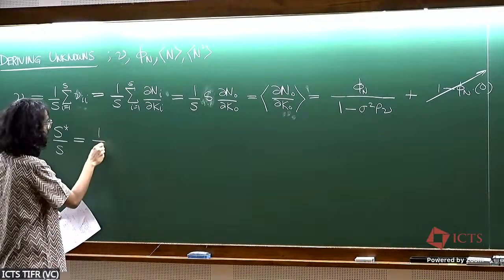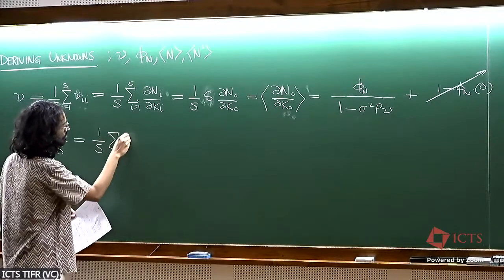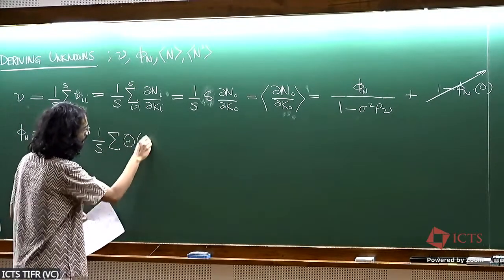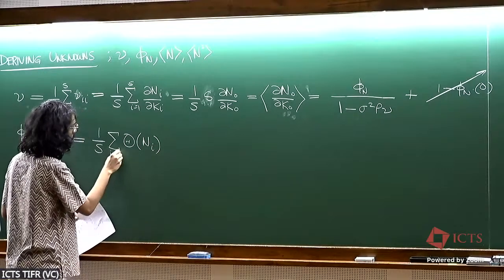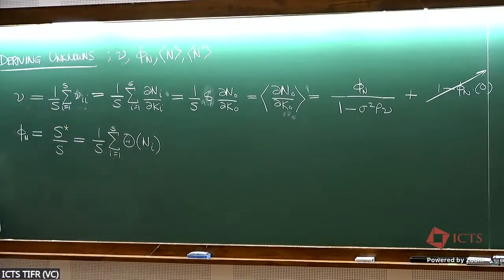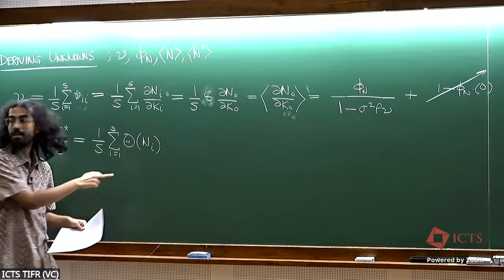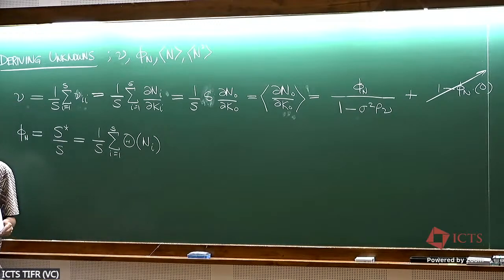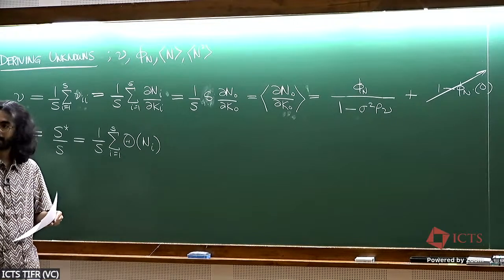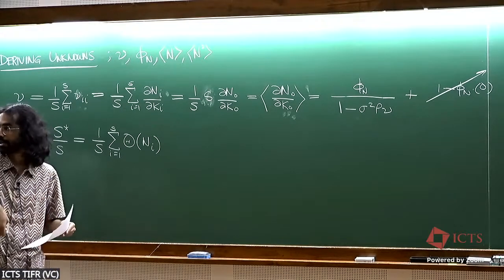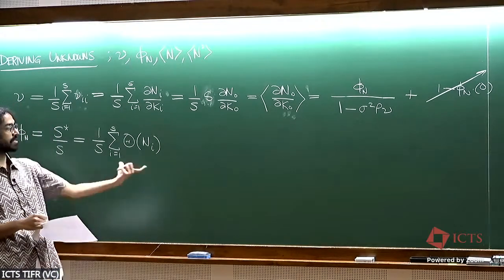And so in that sense, that's 1 over S times the sum of theta of N_i, where i goes from 1 to S. This theta function is just saying it's 0 if N_i is less than 0, and 1 if N_i is greater than 0. And so you're just literally counting. This is how diversity is different from abundance, right? Diversity is you count something if it's present, you count again if something else is present, and if something is absent, you don't count it. So this is the 1 over S. This is going to give you S star.